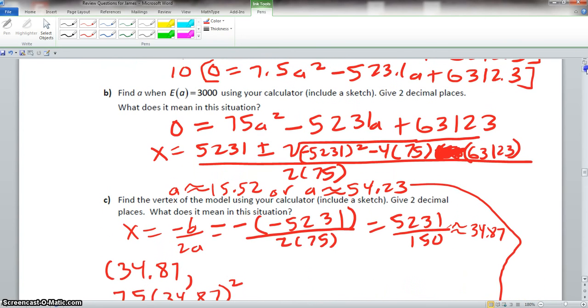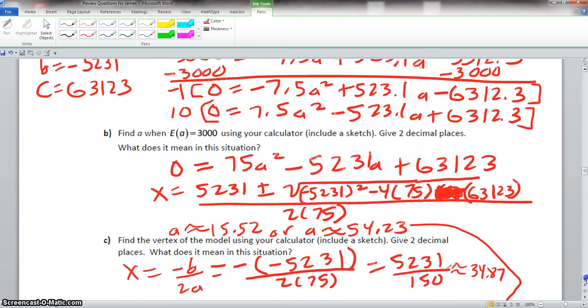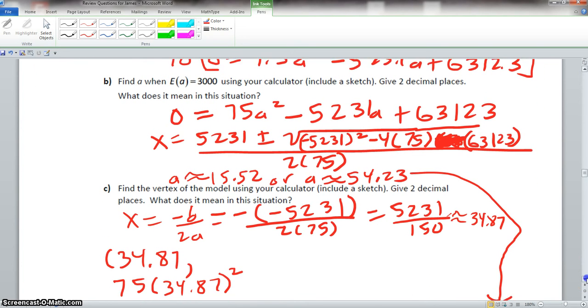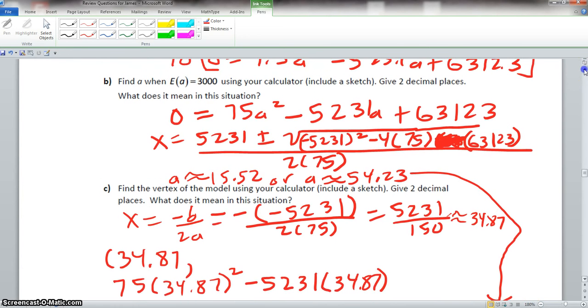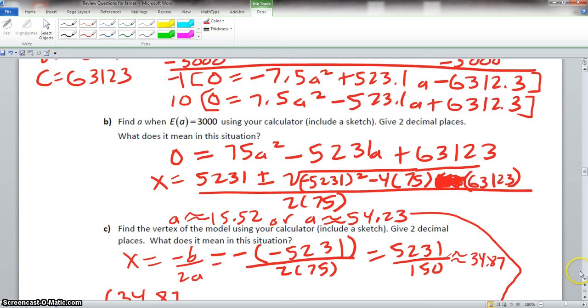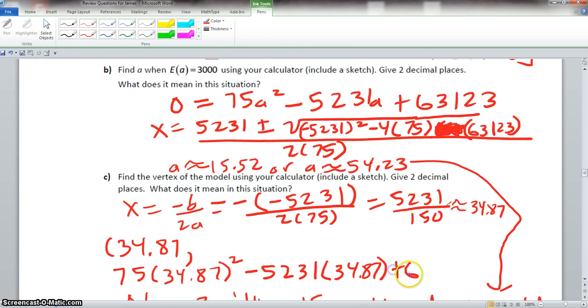And I forget what the middle term was. Let me take that. The b was a negative 5,231, so it'd be minus 5,231 times x, which is 34.87. And then finally, our c value is 63,123, so it'd be plus 63,123.